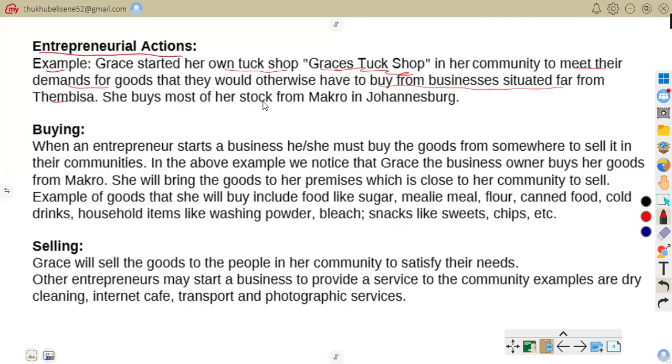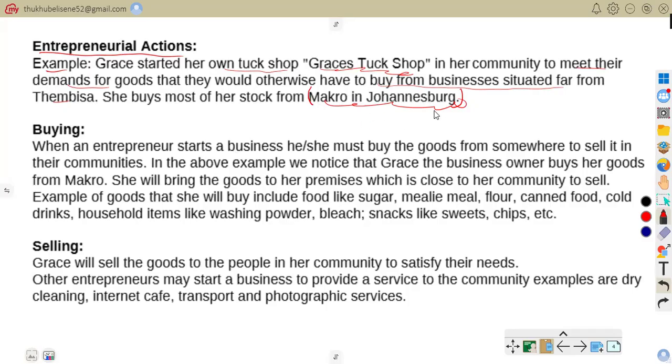She buys most of her stock from Makro in Johannesburg. Meaning, Grace purchases products from Makro and brings that stock to her community.